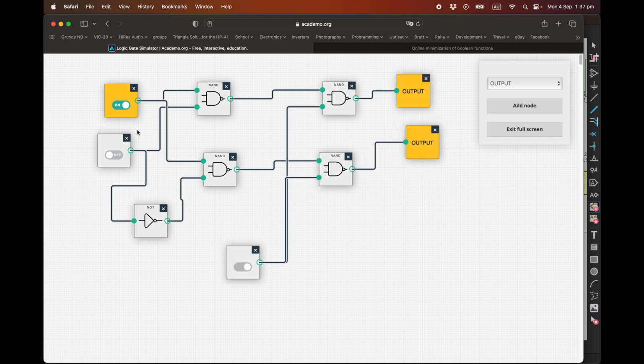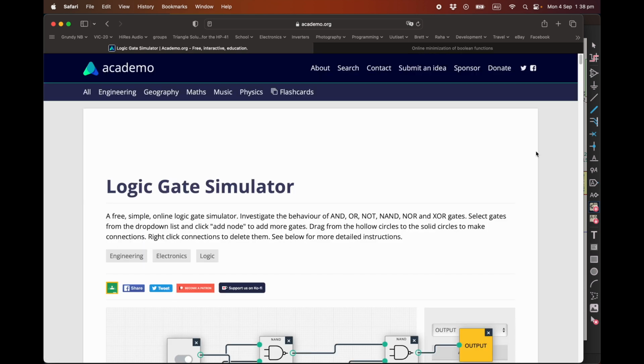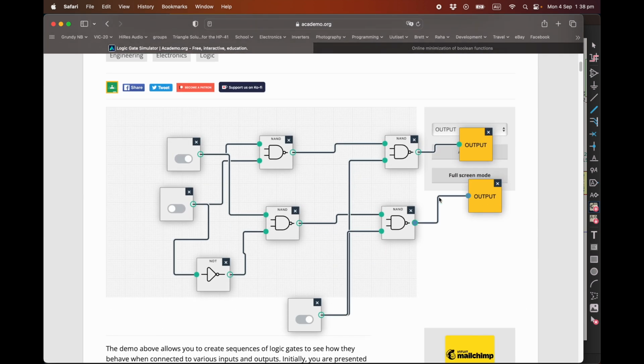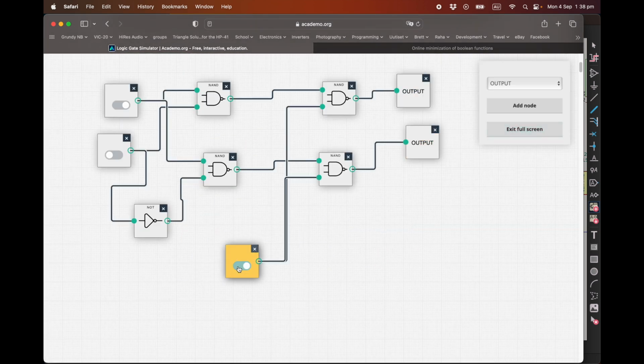So if we go through the logic again, oh, it's not moving anymore. Interesting, I've broken it. Exit full screen. Doesn't matter.